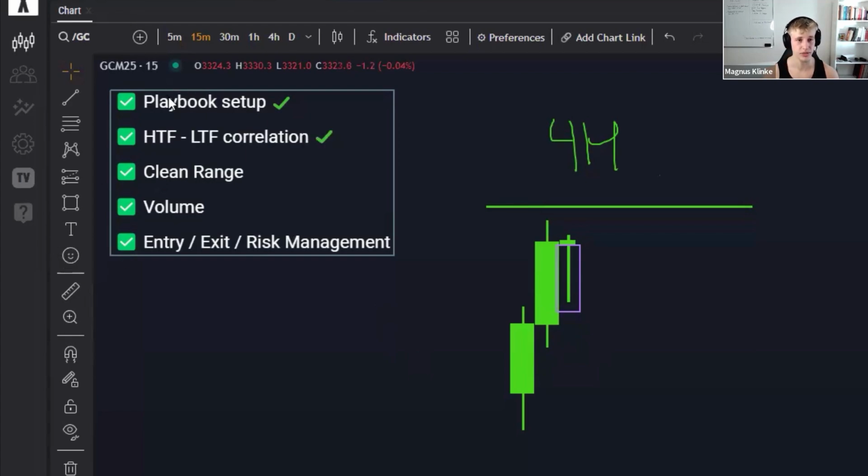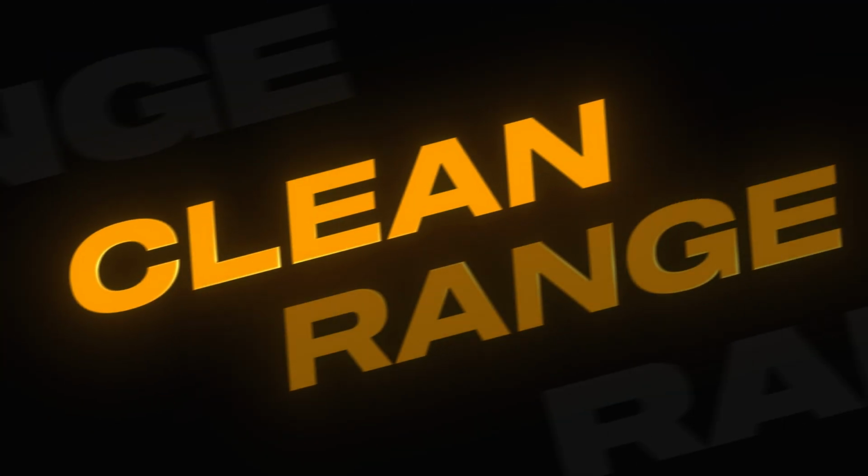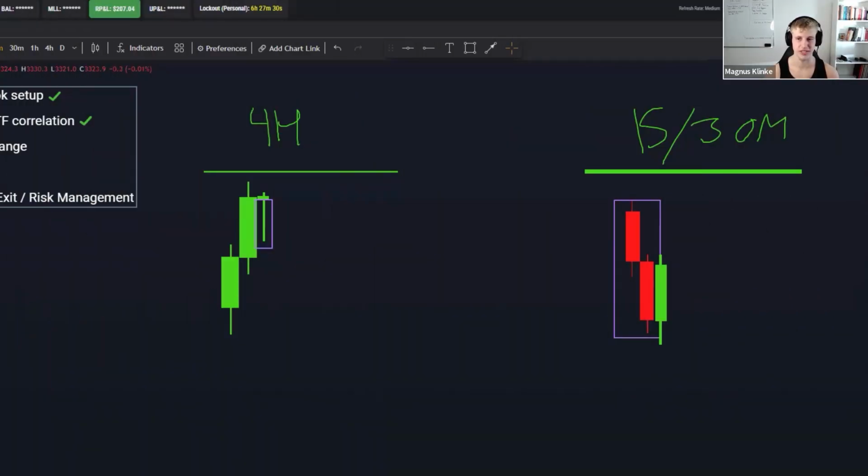Now that we have both the playbook setup showing and the higher time frame to lower time frame correlation, we've got to look for whether we have clean range on the chart. So when we have our setup, we have identified the higher time frame to lower time frame correlation, and we have identified the setup in the market, we've got to see: do we have clean range? The way we find out if we have clean range, and what clean range is, is basically this.